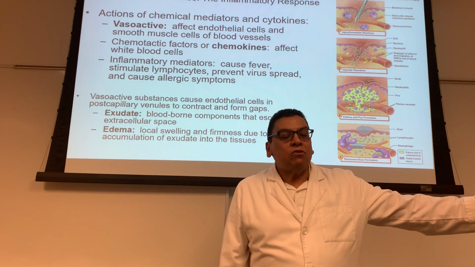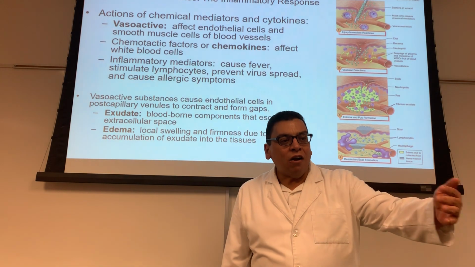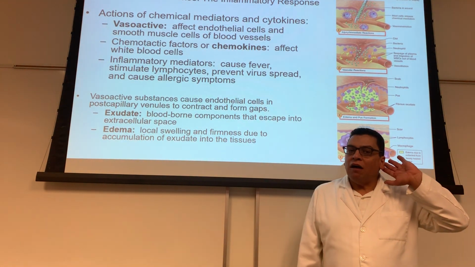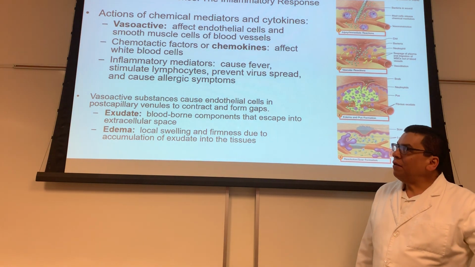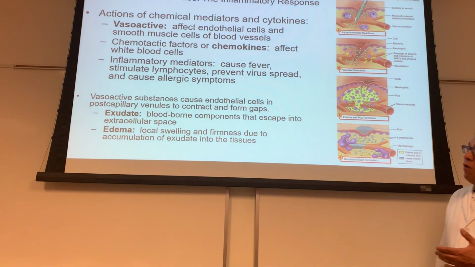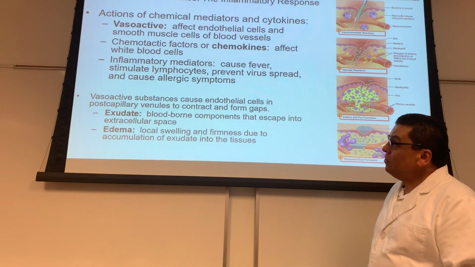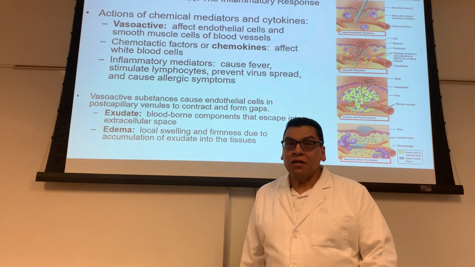The truck will drive towards the fire alarm. That's what's attracting the fire truck. The sound of the alarm is similar to that. But meanwhile, these cells will also release factors that affect smooth muscle cells on the blood vessels as well as endothelial cells.